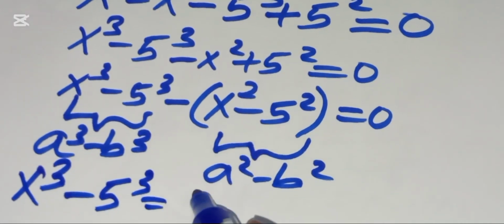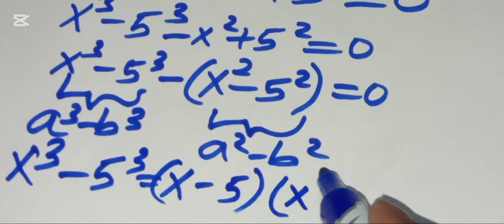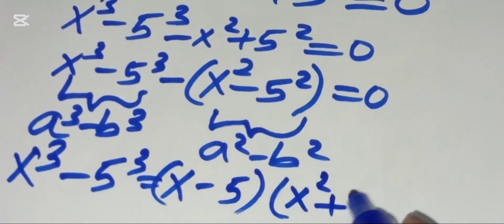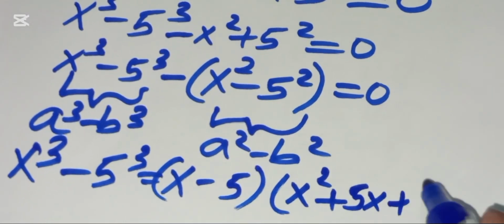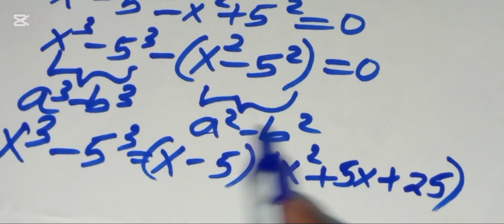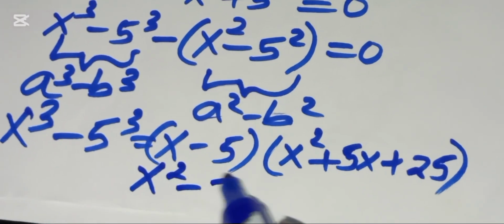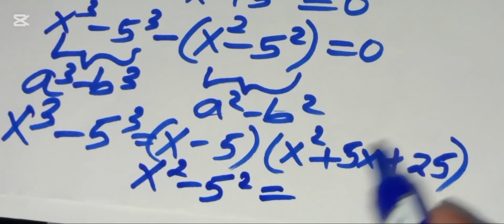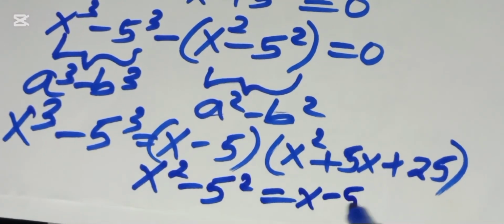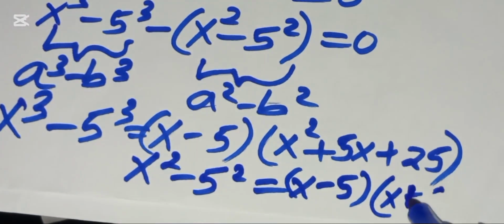This is the same thing as x minus 5 times x squared plus 5x plus 5 squared, which is 25, okay? And for the difference of two squares, x squared subtract 5 squared, this is the same thing as x minus 5 times x plus 5, okay?